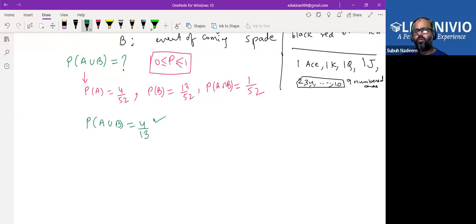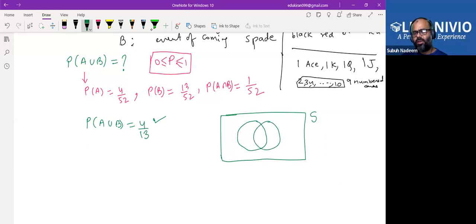Now, if you want to try it by Venn diagram, then also you can try it. Like you have the sample space and the number of elements in sample space is 52. And you have two sets. There is a set A, which consists of ace, and there is a set B, which consists of spade.